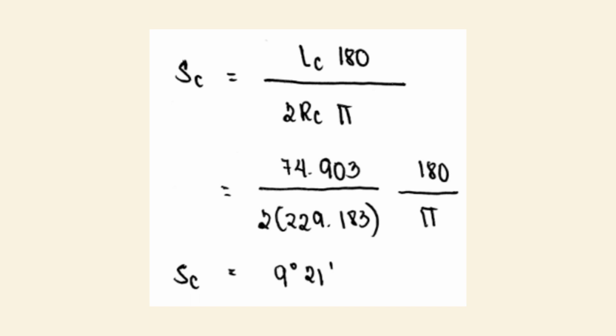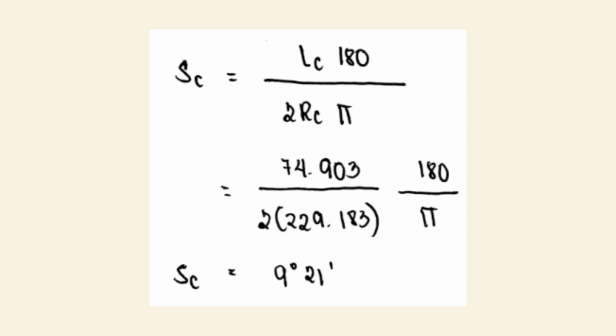So S sub c is computed as L over 2R multiplied by 180 over pi. Substituting values, we have 74.903 divided by 2 times 229.183 multiplied by 180 over pi.